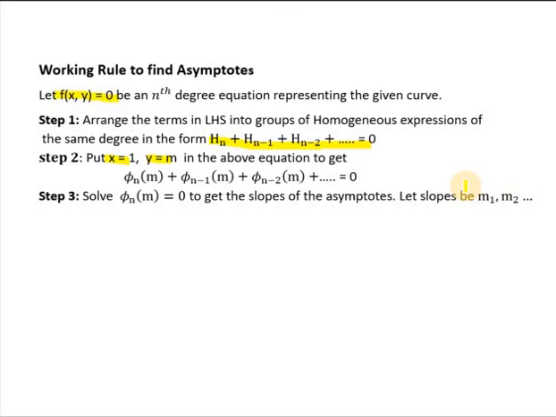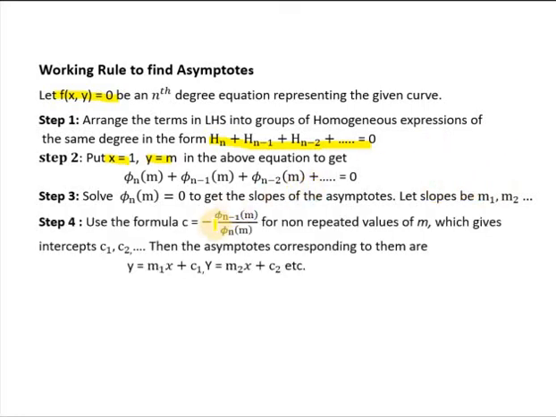Then use the formula c is equal to minus phi_(n-1) of m by phi_n's derivative of m, for non-repeated roots of m, which gives the intercepts c1, c2.